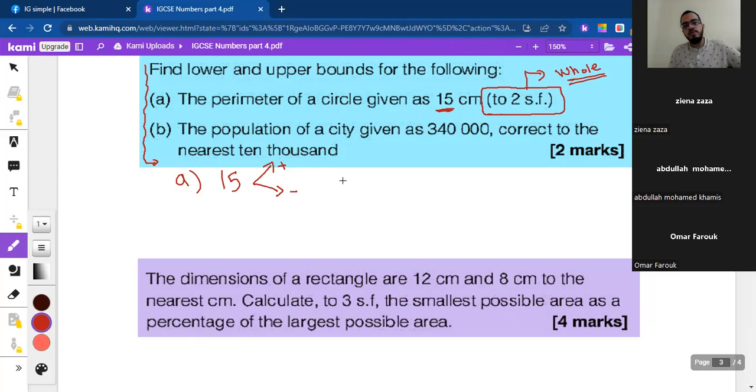plus what and minus what? Omar. Two significant figures, which is a whole number. So add what and subtract what? You add 0.5 and you subtract 0.5, as a whole number.